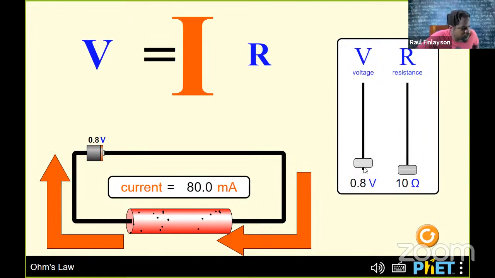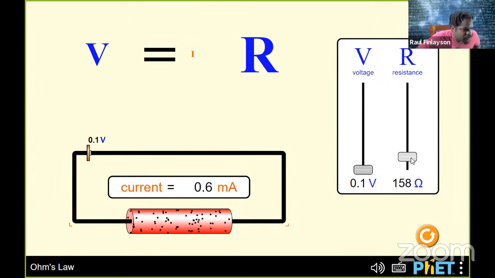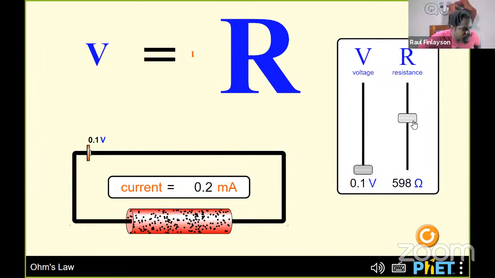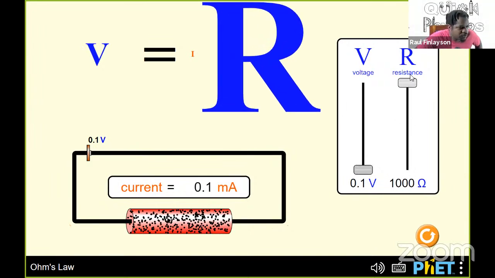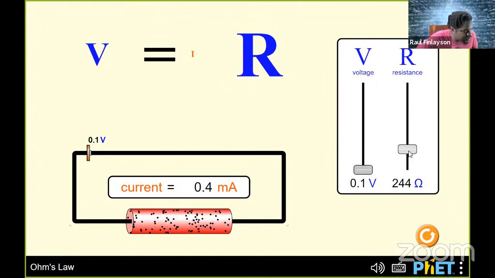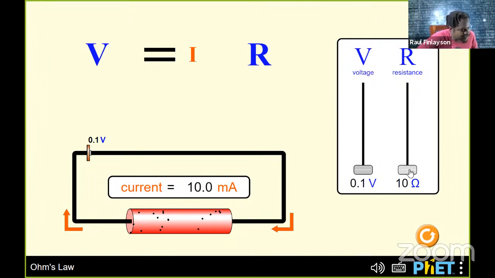So when increasing the voltage, the current increases, and the resistance remains constant. If I were to increase the resistance and look at the value of the resistance here, 598 ohms, it can go up to 1,000 ohms. But we notice that if we increase the resistance and don't change the voltage, the current decreases.